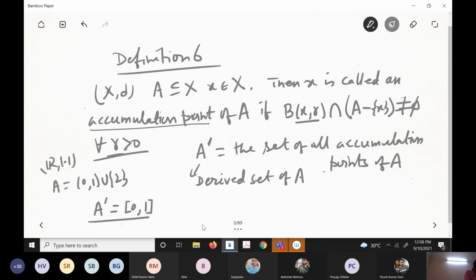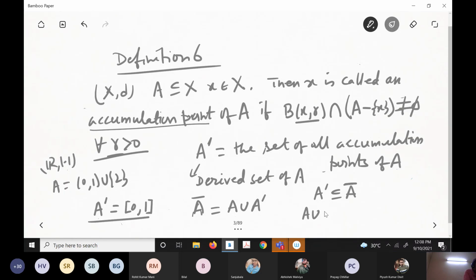So here you should do it that A is closed. First of all, you'll have to prove that A bar is A union A prime. Look, one side, A prime by definition is contained in A bar, because it's a special kind of closure point. And A is obviously contained in A bar.